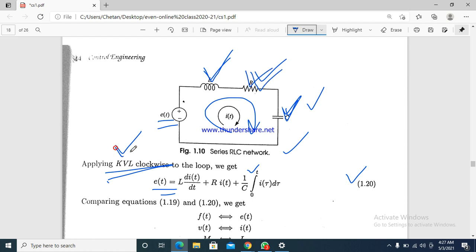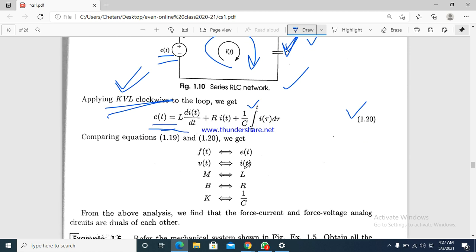And you can apply KVL for this, and you can write down the expression E of t equal to L into di by dt plus R into I of t plus 1 by C integral from 0 to t of I of tau d tau. For this expression, you can draw the equivalent circuit. What is that?